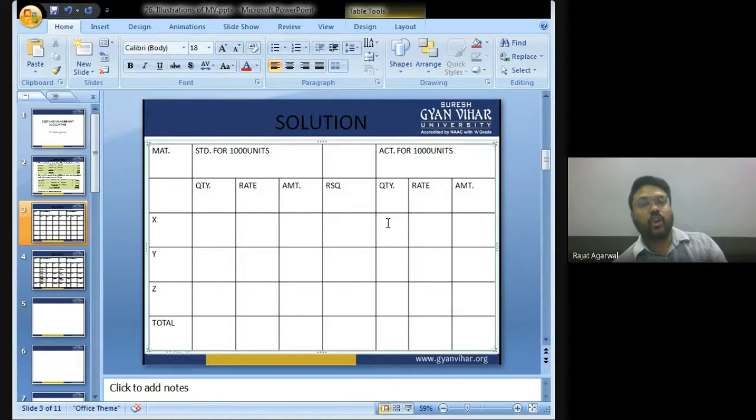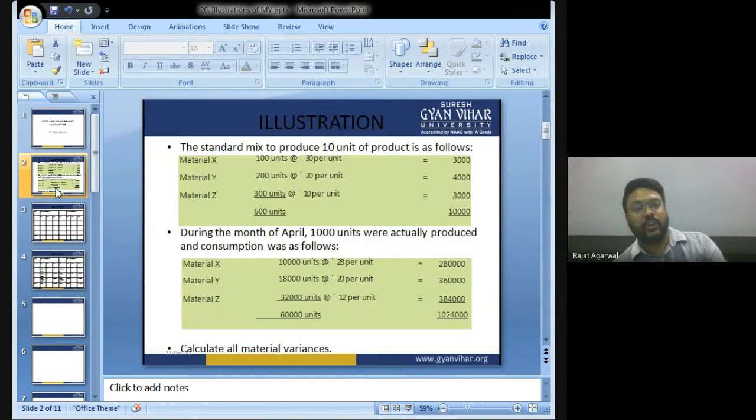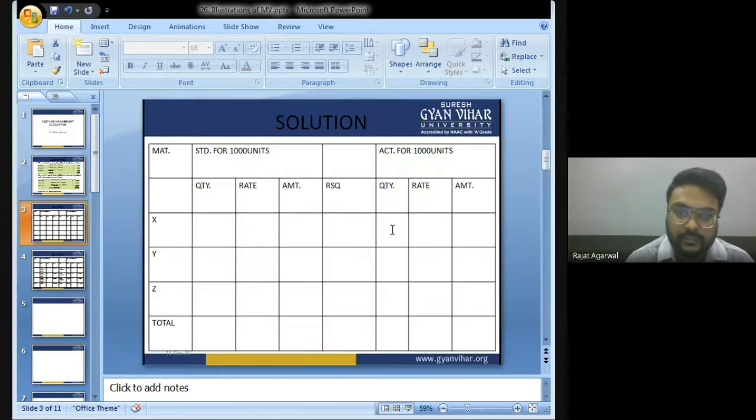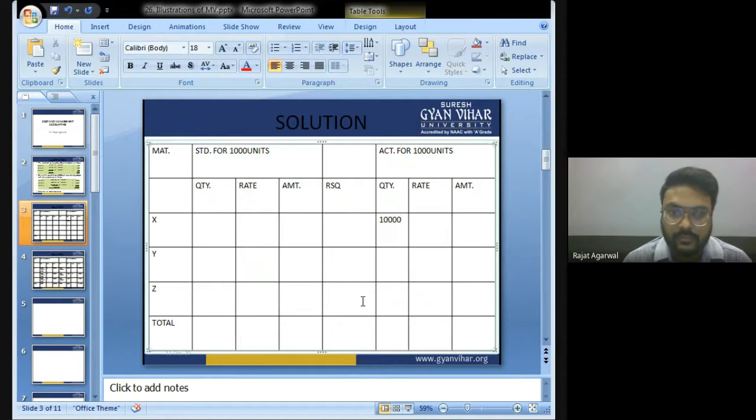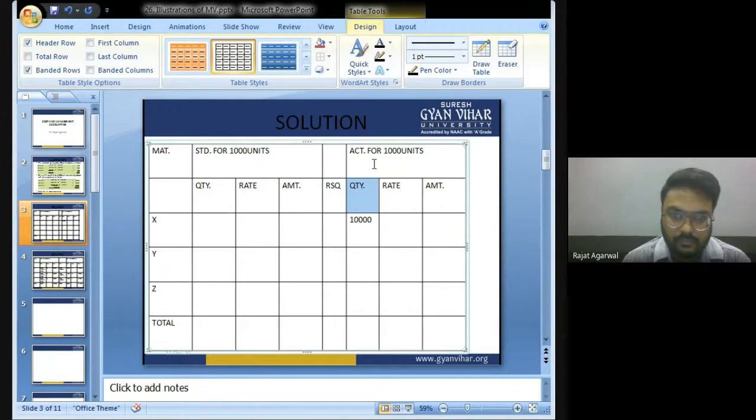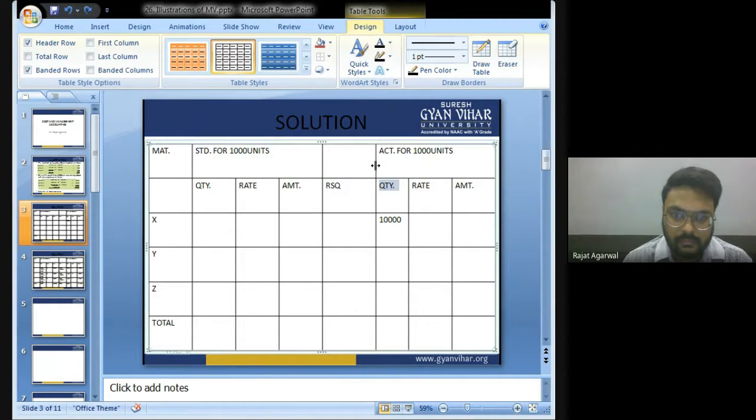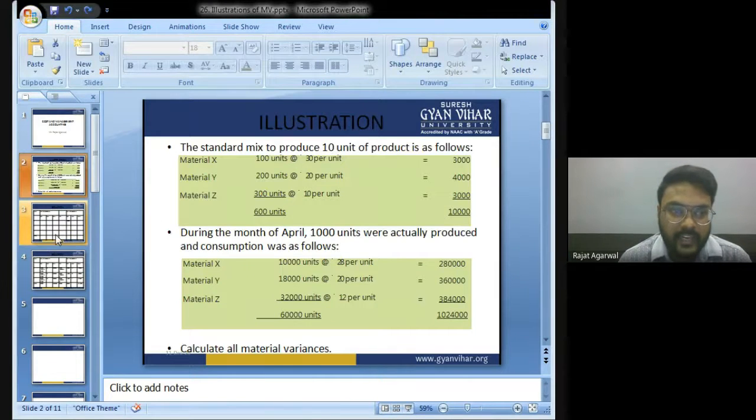Now, actual quantity of material X, 10,000 units. Actual quantity of Y is 18,000 units.